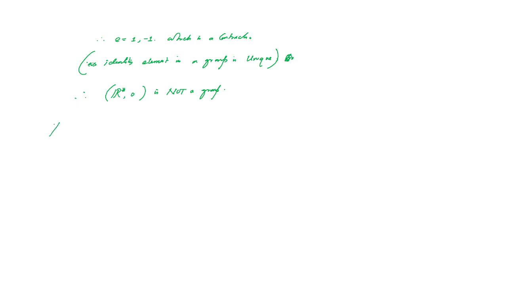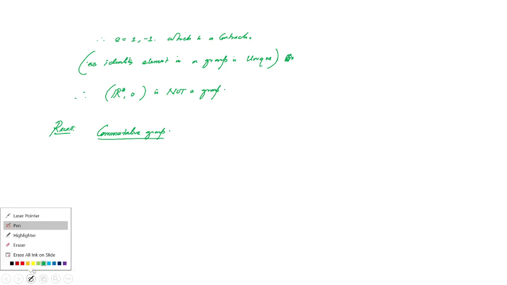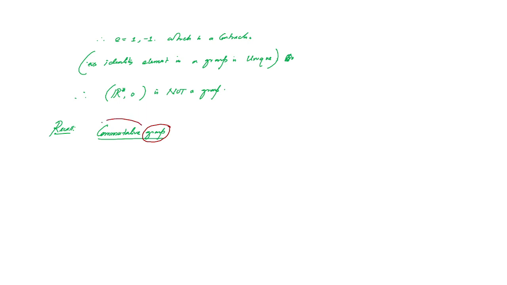Now we come to the next important definition. The definition is called the commutative group. What exactly mean the commutative group? So just to see the terminology, to be a commutative group, first it is a group, then we have the commutative property here, and it will be the commutative group. So what should be the definition? A group G naught, that means already it has closure, associative, identity, inverse, all basically hold.